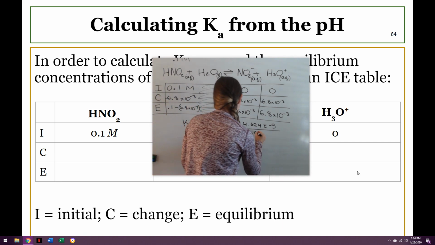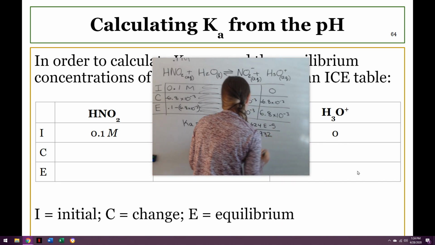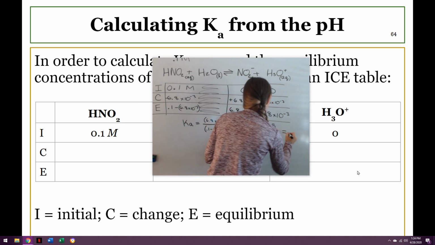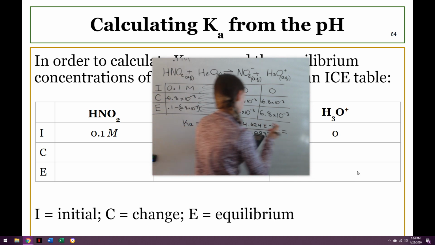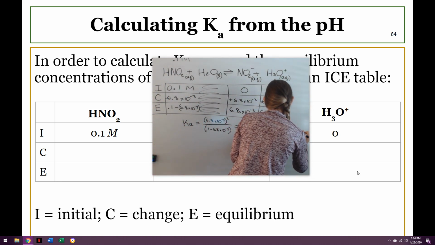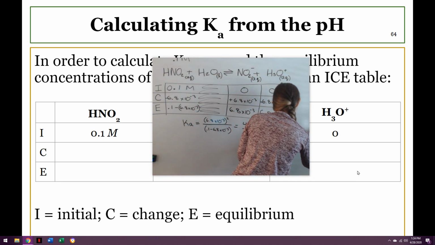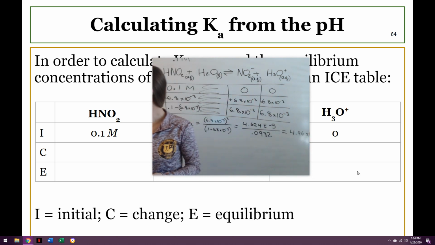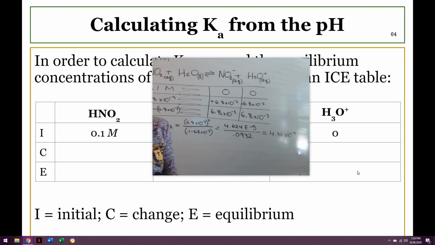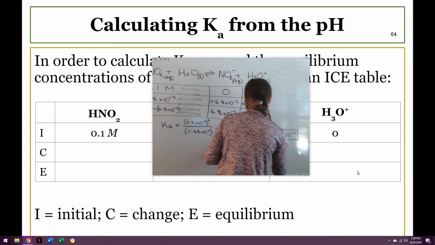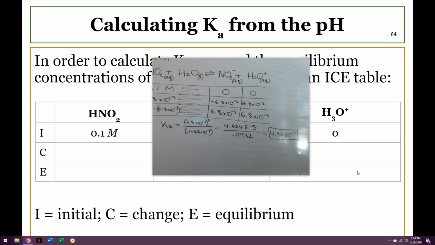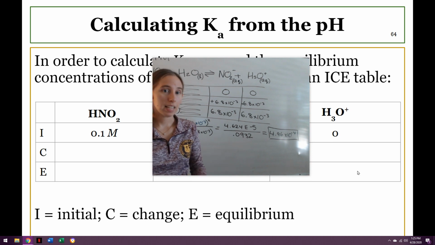And that gets us 0.0932. All right, then we can put these in. So I have 4.96 times 10 to the negative 4 as the Ka value for nitrous acid.